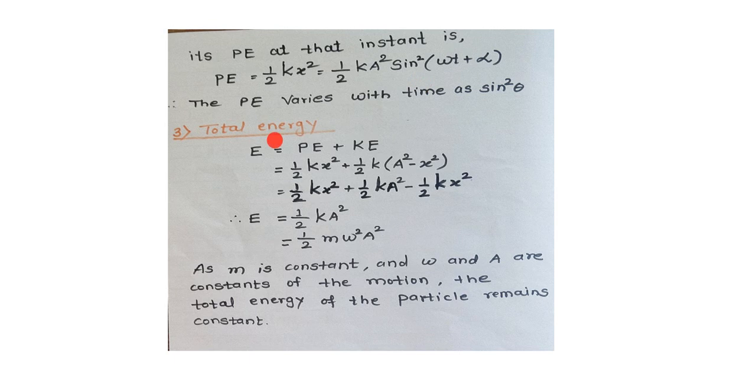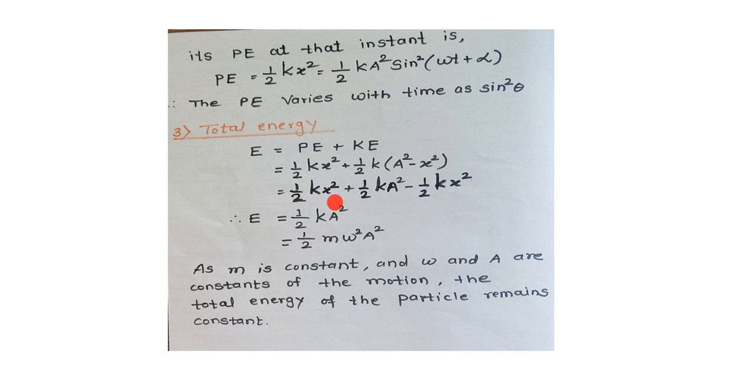Now we have to find here total energy. Now you know the equation of potential energy and kinetic energy. So find the total energy. E equals to potential energy plus kinetic energy. Here potential energy is 1 by 2 kx square plus kinetic energy is 1 by 2 k a square minus x square. By solving this, we will get here 1 by 2 kx square plus 1 by 2 k a square minus 1 by 2 kx square.